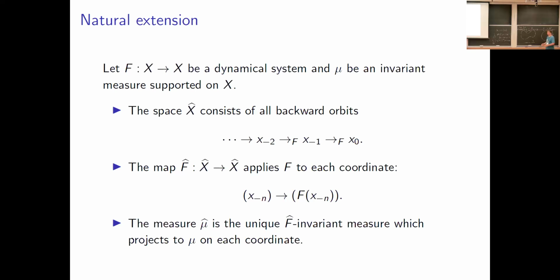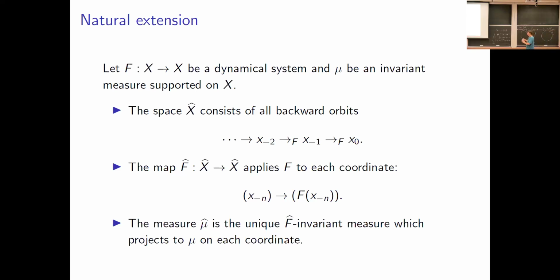In other words, F hat is just a shift map. Finally, one can construct a natural measure mu hat on x hat, which is F hat invariant and projects to mu on each coordinate. Basically, the natural extension is the simplest dynamical system which makes F invertible.